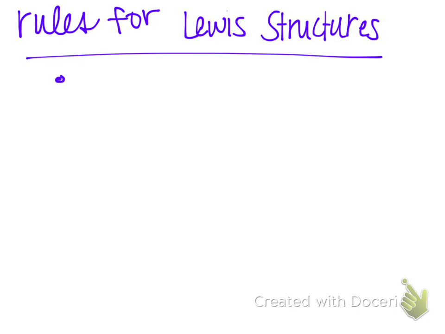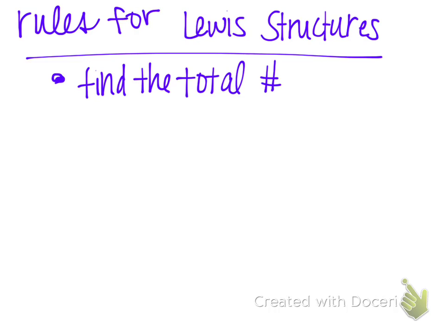Okay, first rule. Again, a little bit out of order from what we went through, but this will be simpler for you. The first rule is to find the total number of valence electrons.